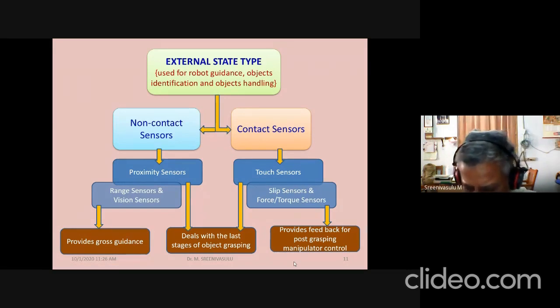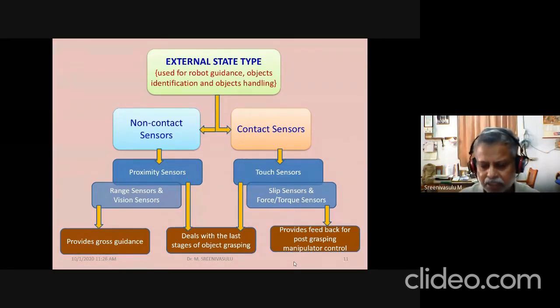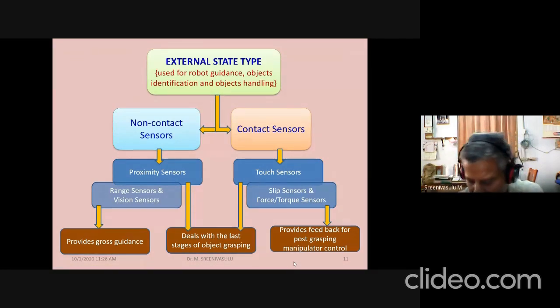Say, for example, I am trying to handle this. If I press more, the object is getting pressed. This is actually an expandable type, so it is not going to create any problem. But with the support of touch, or rather force and torque sensors attached to that, we will be able to see the quantity of force that has been applied to this.